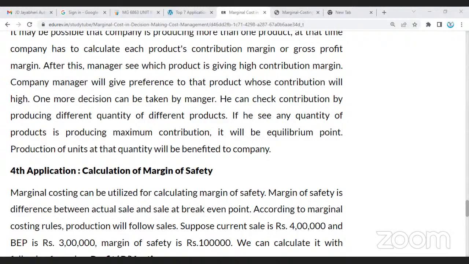So which option is better? We have three options: A 100 units and B 200 units, or 150 and 150, or 200 and 100 units. You can see the higher profit is given by A product, so we will sell more of A product than B product. The third option is better.